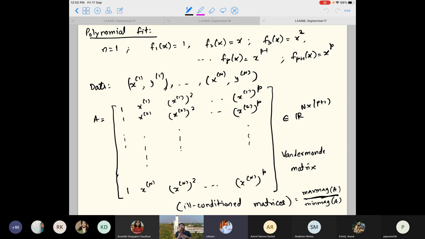So there are two things: the variations in alpha 1, alpha 2, up to alpha p plus 1, and how those variations affect the predictions y. We have not yet understood how these variations affect prediction performance. That study is well understood, but we have not done that in this course.